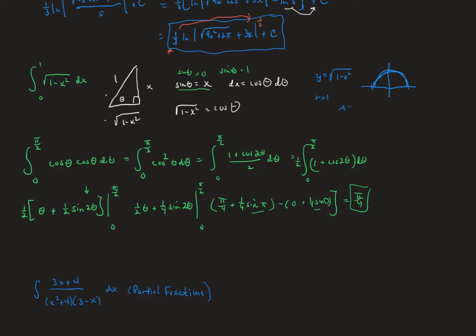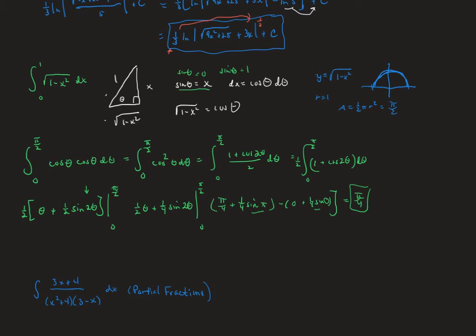We know the area of a circle is pi r squared, so the area of a semicircle would be 1/2 pi r squared. And so the whole semicircle would be 1/2 pi.